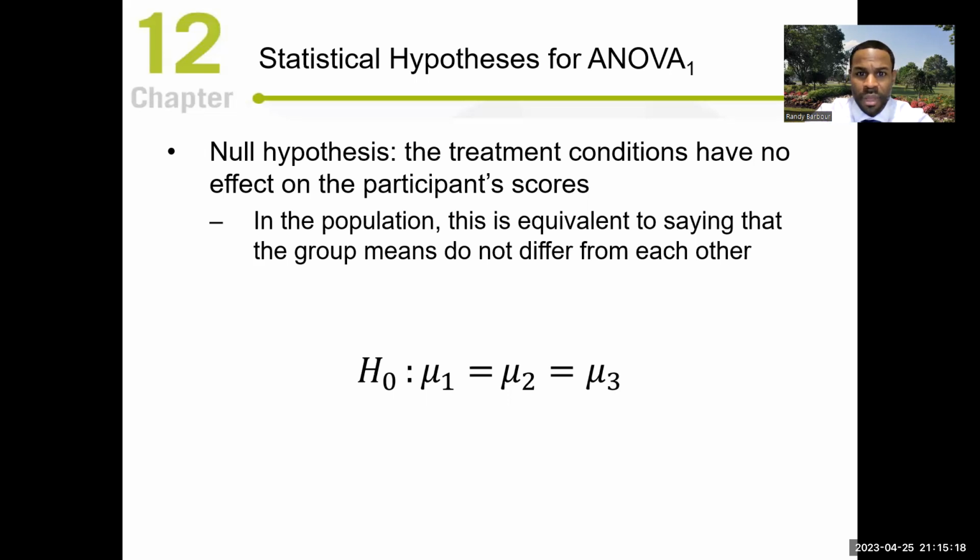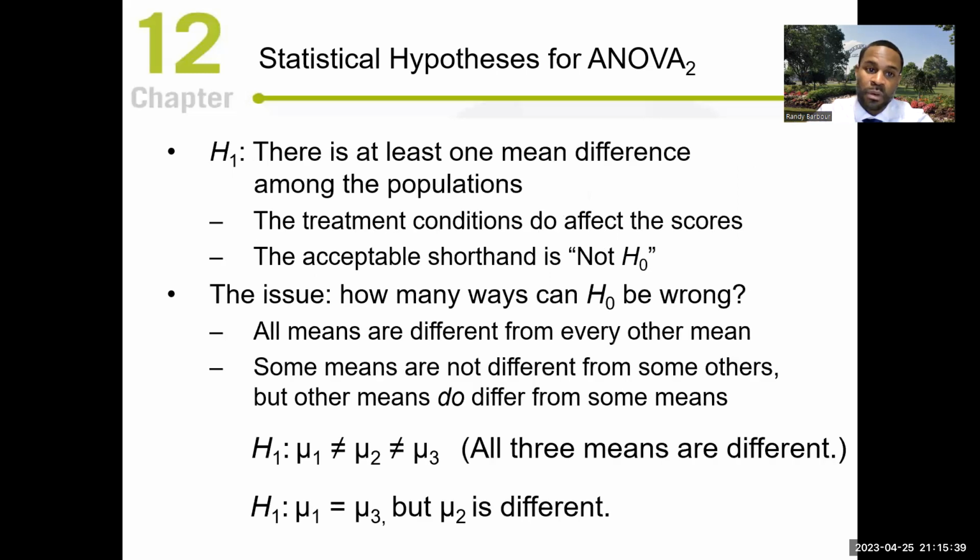So in the population, there's an equivalency among all three populations. And again, there is usually never a perfect equivalence between the population means, but it only means that there is not enough evidence to say that they are significantly different from one another. Okay, so that is the null hypothesis, right?